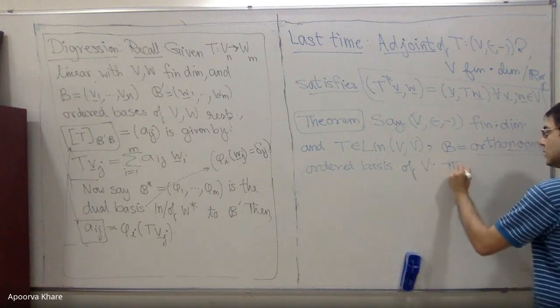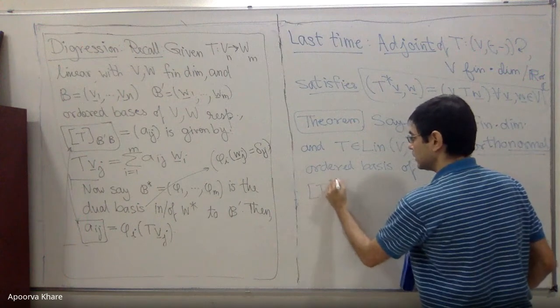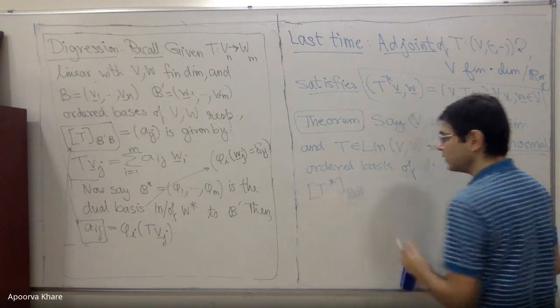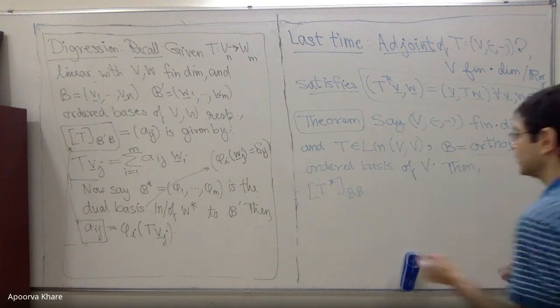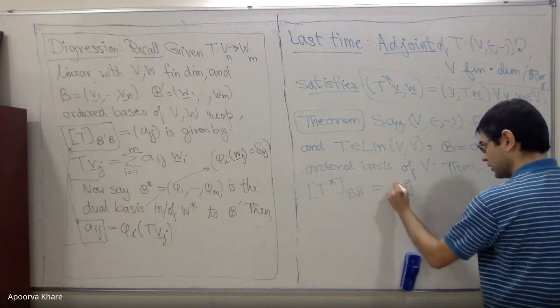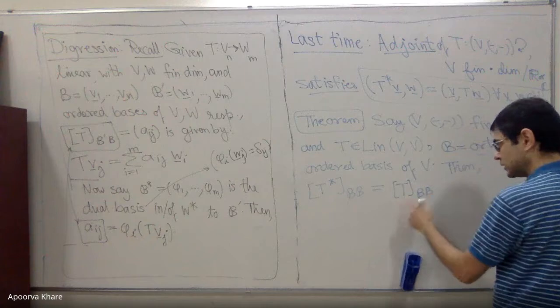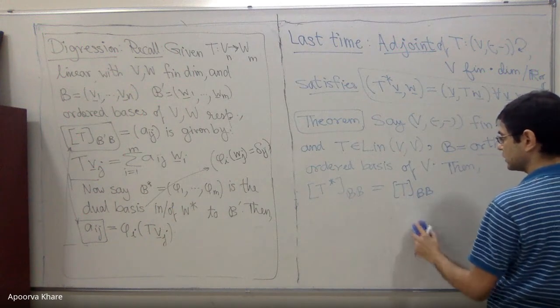Then what do I know? I know that I want to look at the matrix of T*. I can do this. This is equal to the following matrix. Oops, I forgot to use this one. This is equal to, take the matrix of T itself first. Okay. So this is a square matrix of, I don't see where to put this.